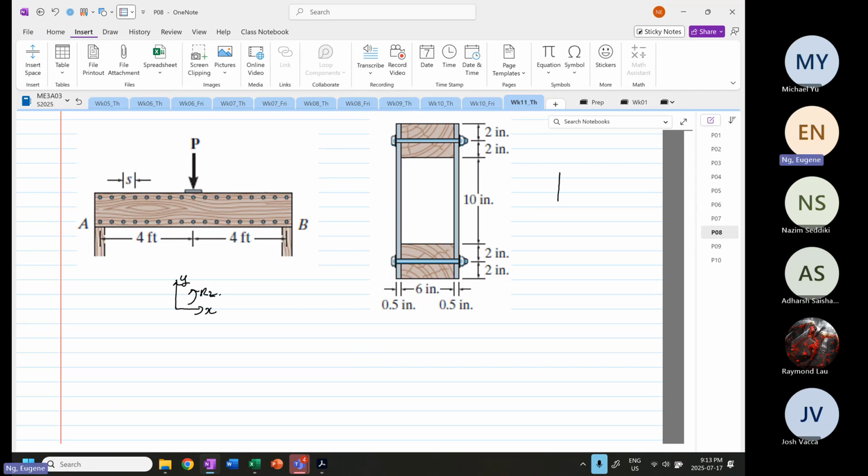And over here, this is our y, z, rotation about x.